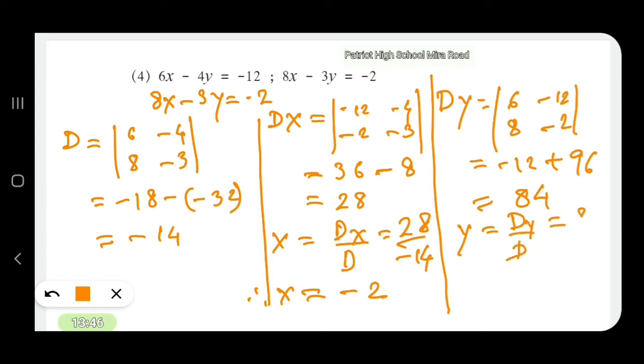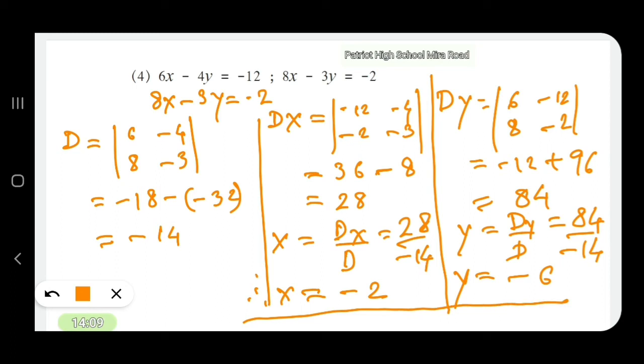It is 84 upon minus 14. So it will be minus 6. 14 6s are 84. So the value of y is minus 6. So we have the two values. X is equal to minus 2, y is equal to minus 6.